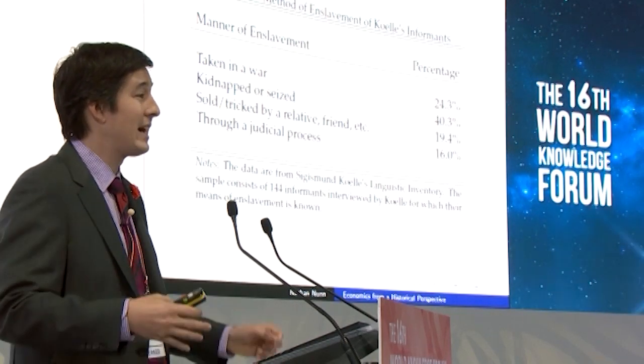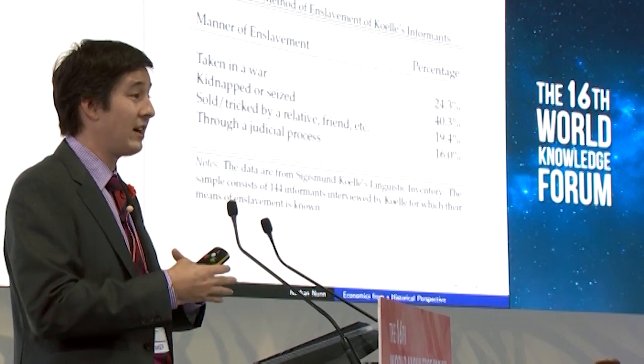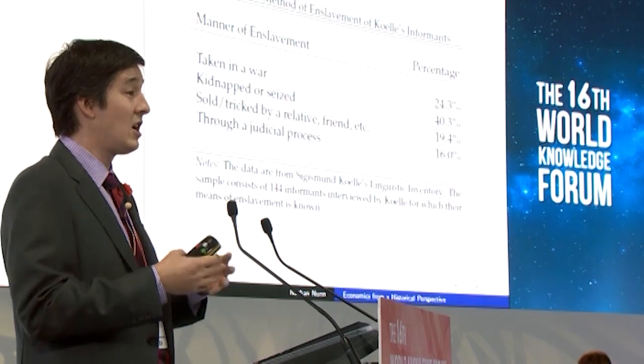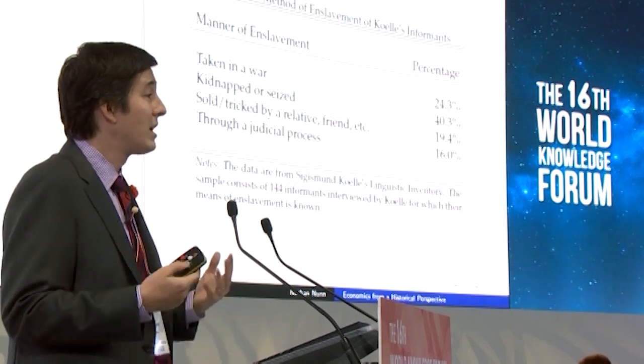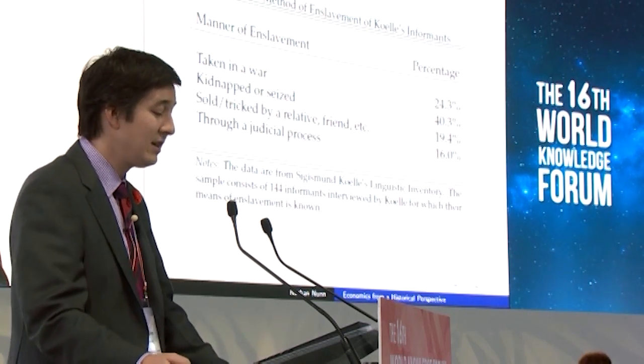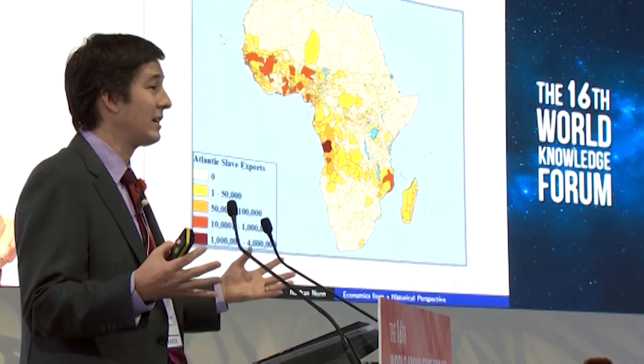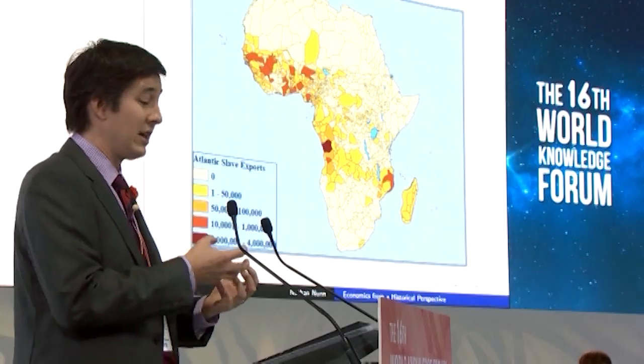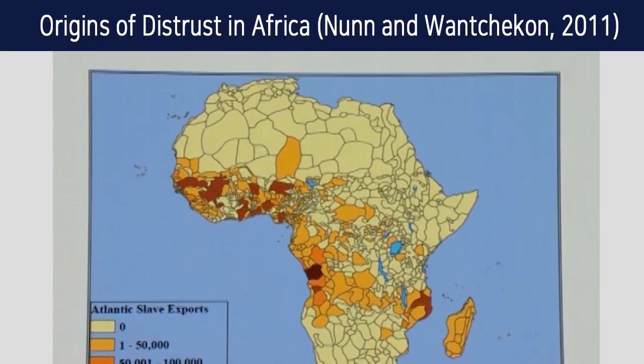And so one would expect that culture would evolve in this environment. In particular, a culture of distrust. You would start to not trust those around you. So we wanted to test this hypothesis. What we did is return to the data that I collected. And remember, we had data on the ethnicity of slaves that were taken. This map visualizes this data.